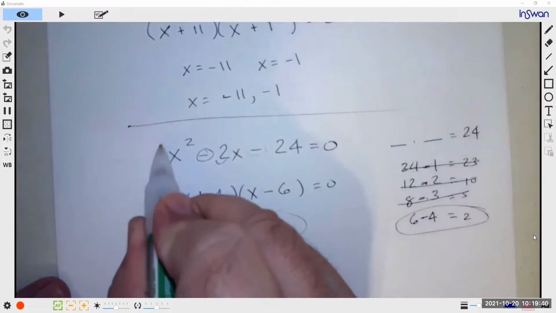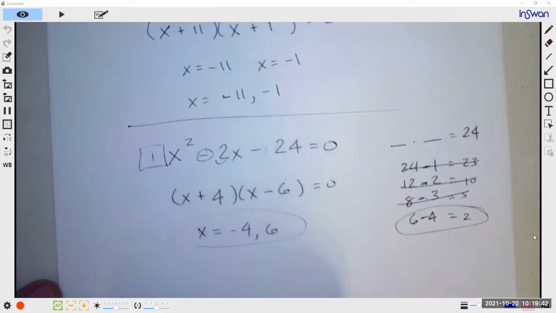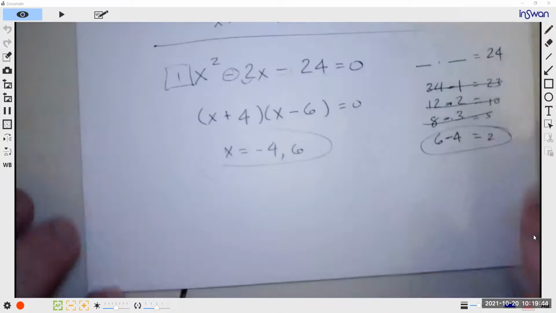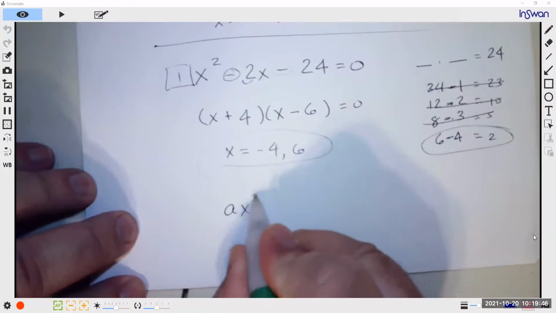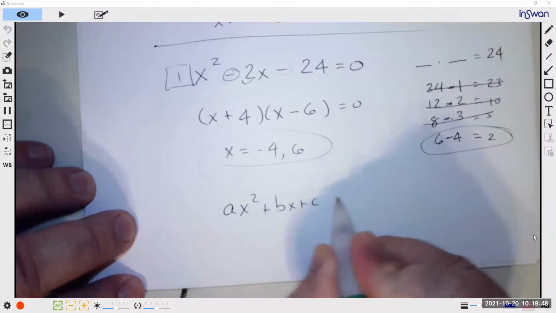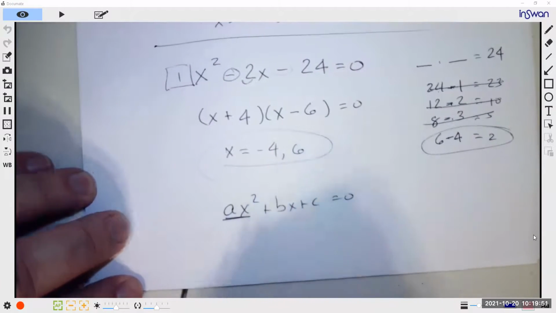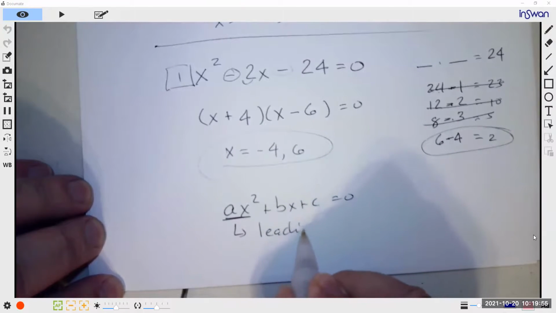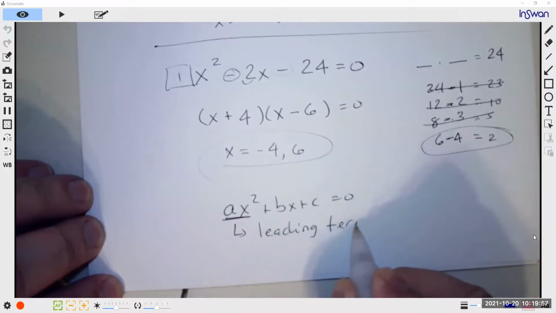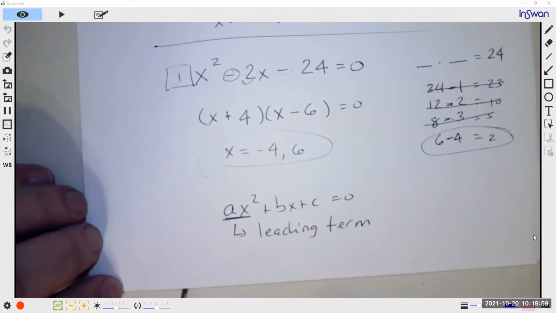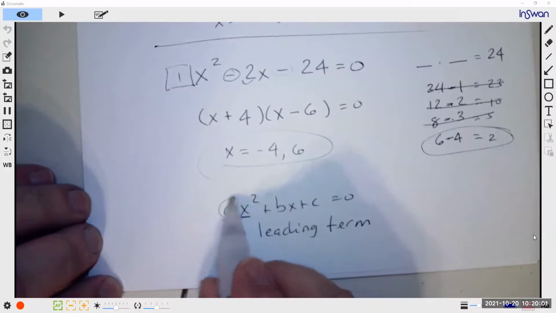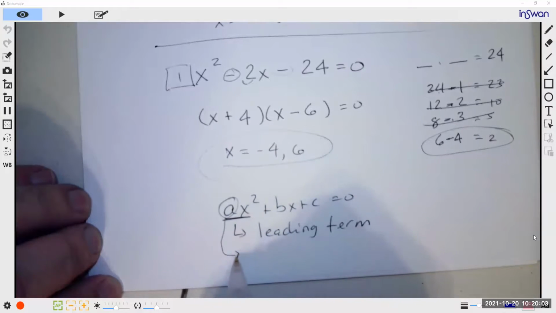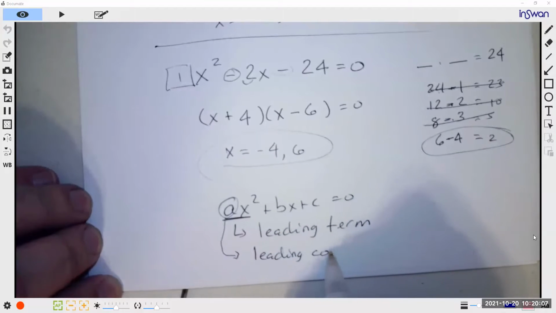Okay, let me give you these terms. Ax squared plus bx plus c. Ax squared is called the leading term. A is called the leading coefficient.